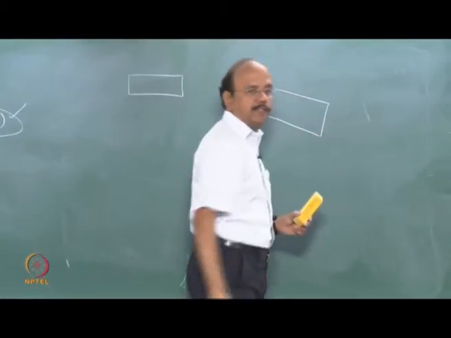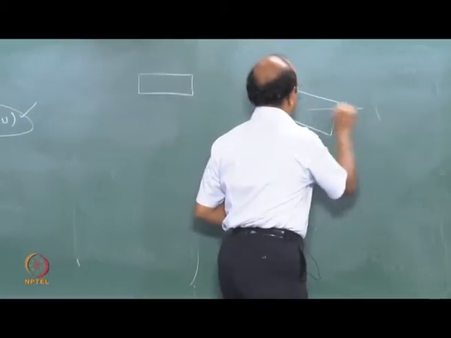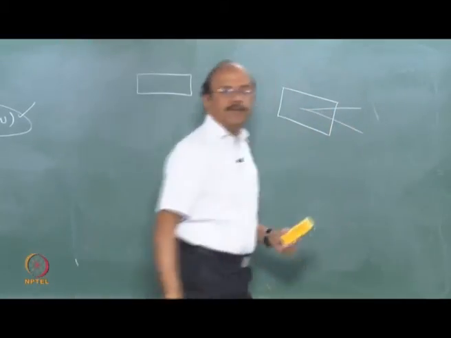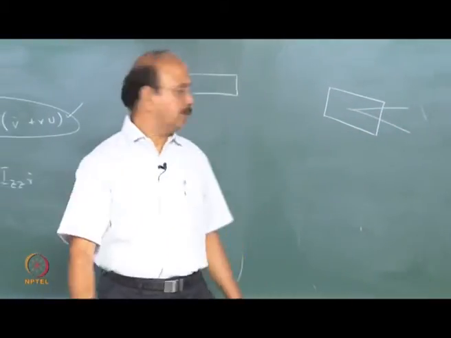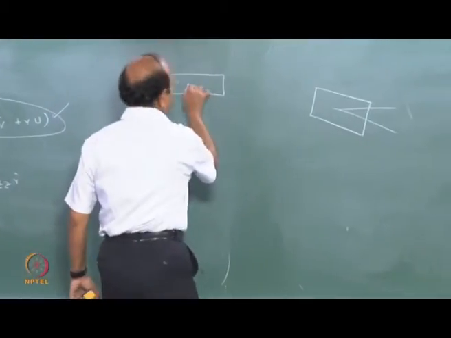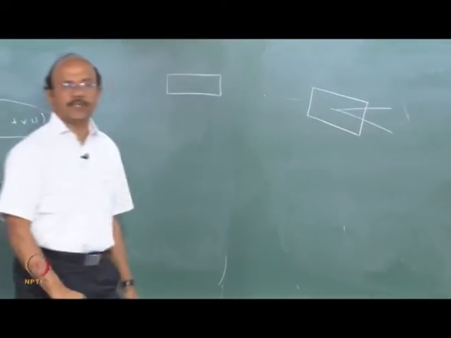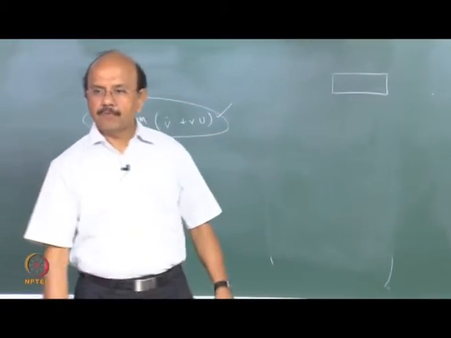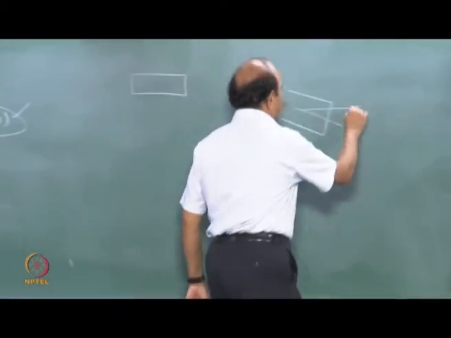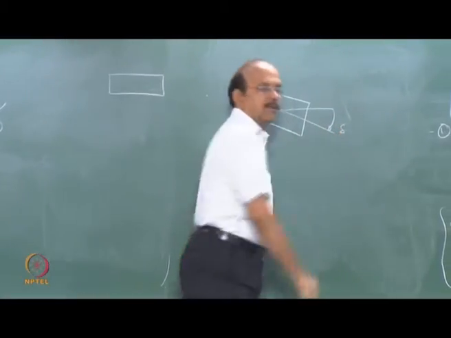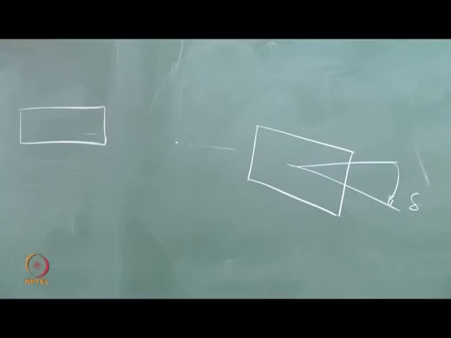I'm just exaggerating this. I'm giving a steering input to the wheel. Okay, of course, that's the vehicle. That's the center of gravity location of the vehicle. So that is the lambda which I had given, which is the steering input.